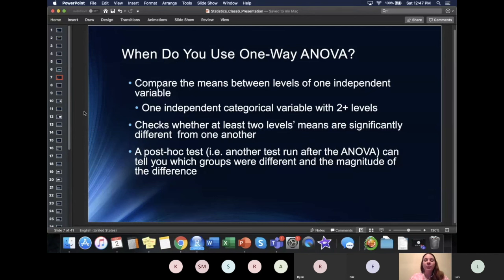So if we have more than one level, for instance, as I said, income level, high, medium, and low, and its effects on stress levels, we would find the mean stress level in high income, the mean stress level in the middle income, and the mean stress level in the low income, and then see if the stress levels differ by those three groups.